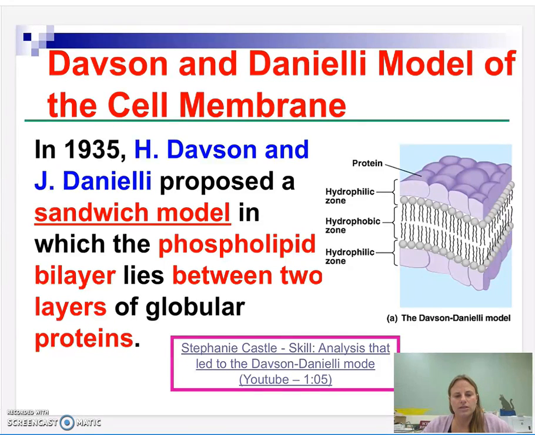So now, adding the knowledge that proteins on the surface of a membrane increase adhesion, scientists Davson and Danielli proposed a sandwich model in which the phospholipid bilayer lays between 2 layers of globular proteins. So the globular proteins rest on top of that phospholipid bilayer.